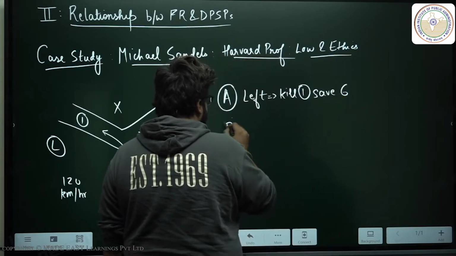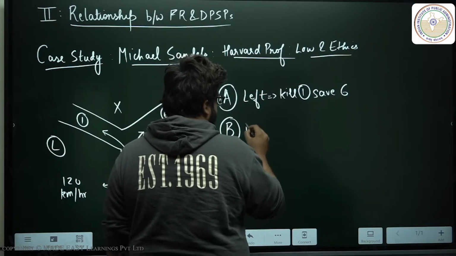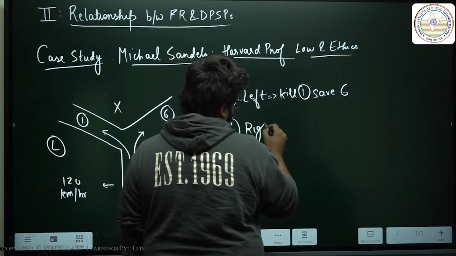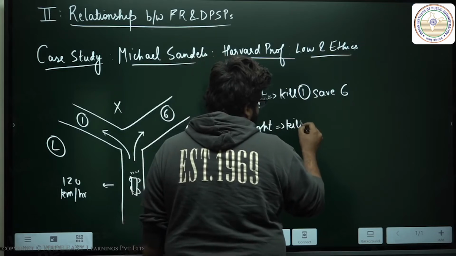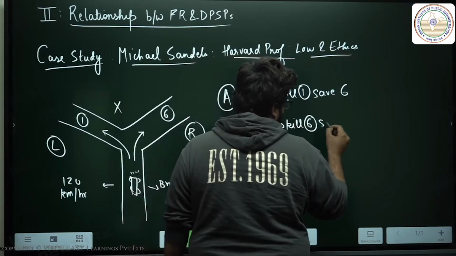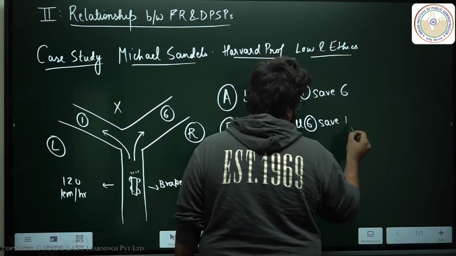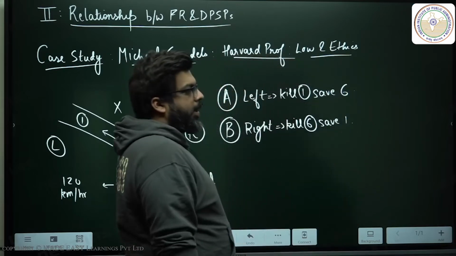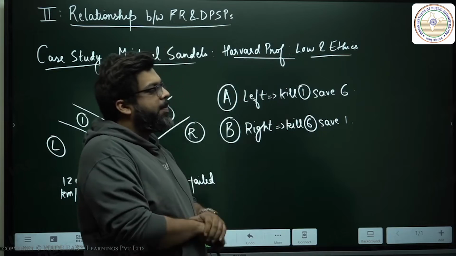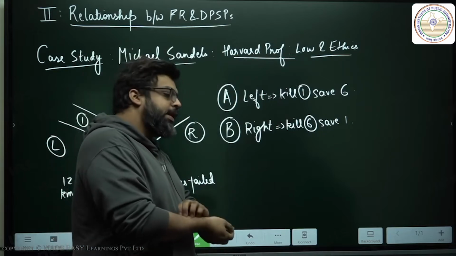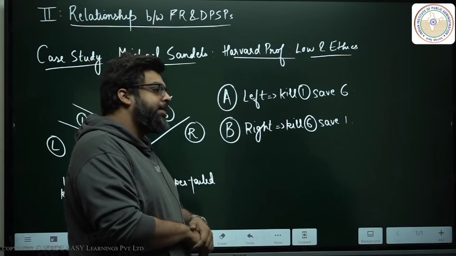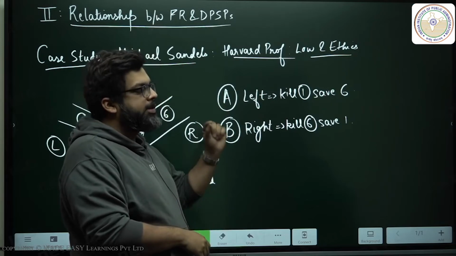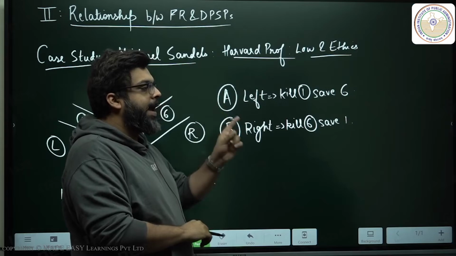And option B: you take a right and you kill the 6 people, but save the one person. Now, think about it as clearly as you can. In the comment section, tell me what your option is going to be and why.